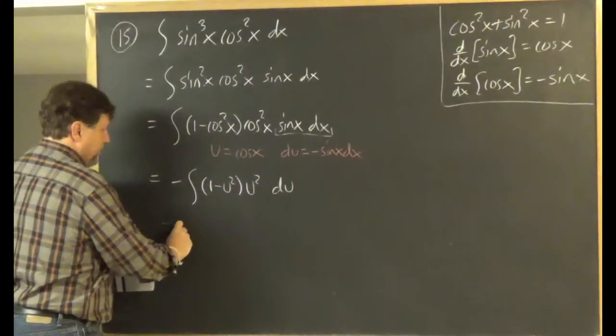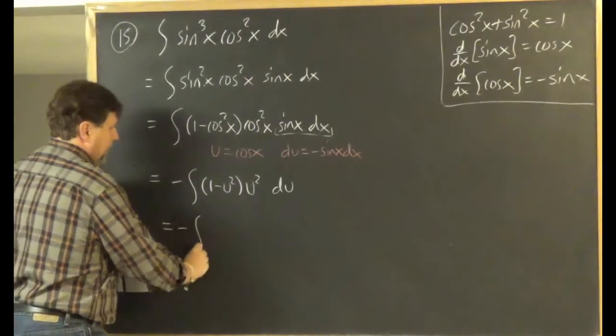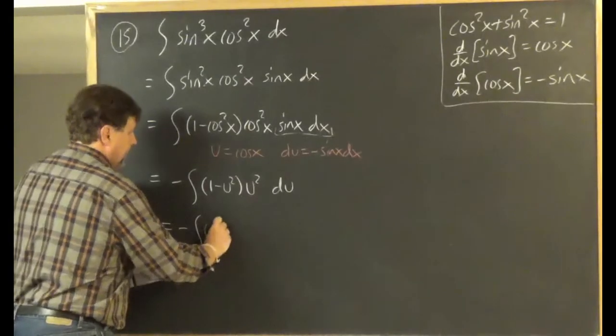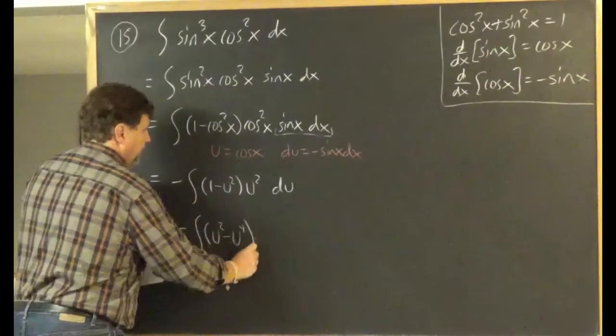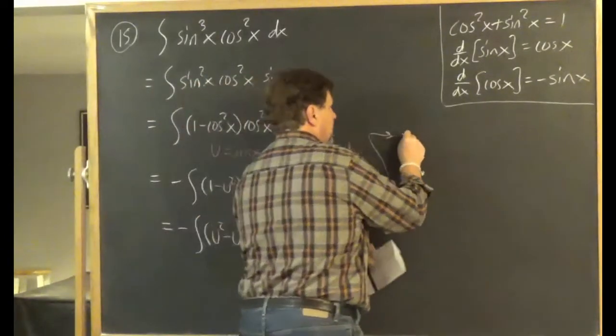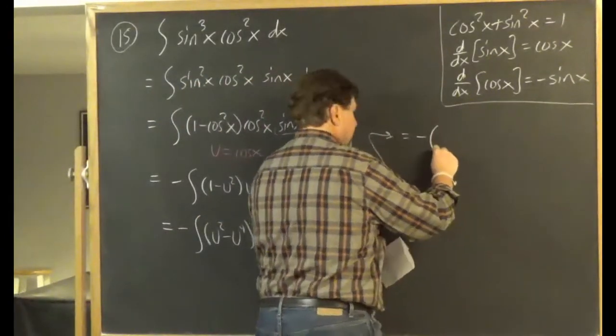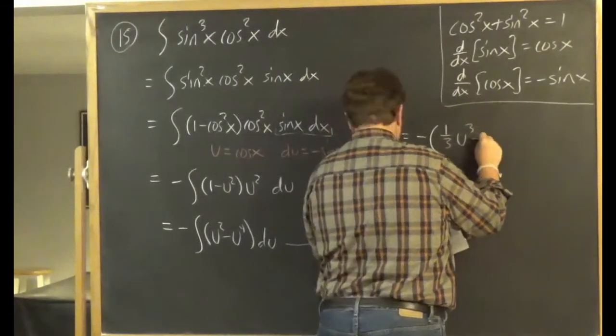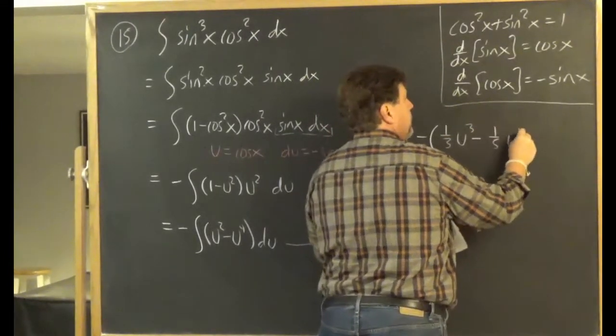And this isn't too bad. Hopefully your next step was to distribute the u squared to get u squared minus u to the fourth. And let me pull it up here. Getting an antiderivative, you should have had a 1/3 u cubed minus a 1/5 u to the fifth.